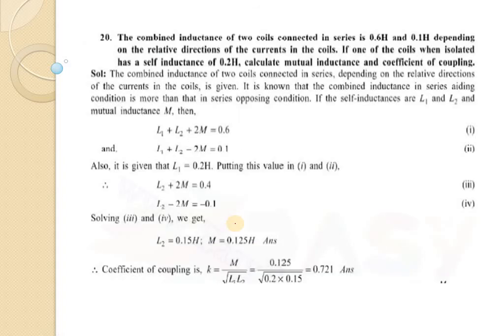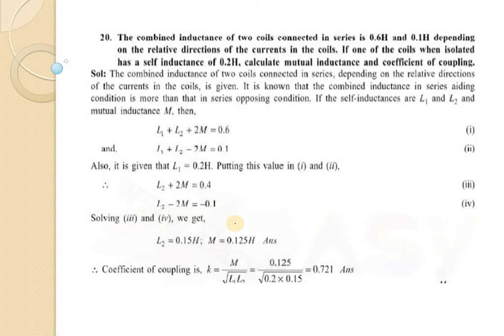So let us take a simple example. The combined inductance of two coils connected in series is 0.6 Henry and 0.1 Henry, depending on the relative directions of the current in the coils.